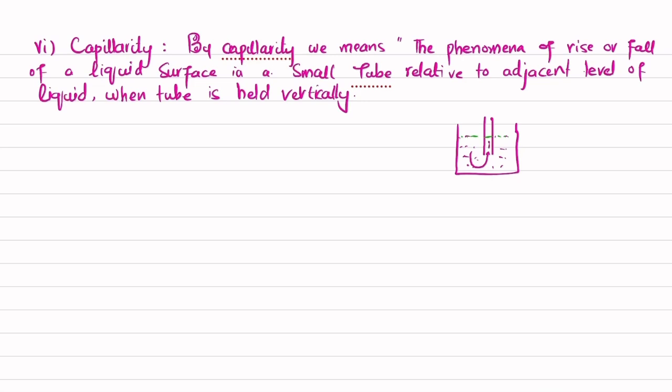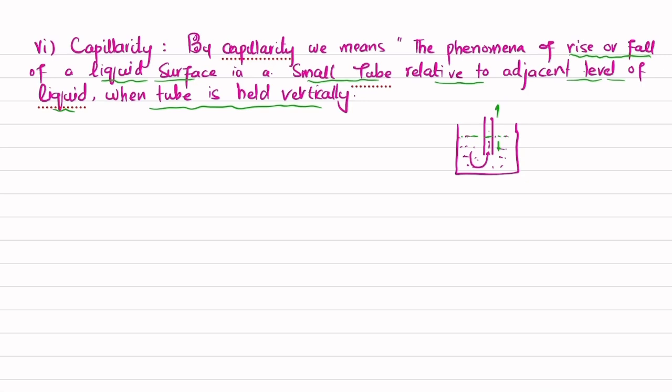Either the level of fluid in this tube will rise or it will go down. This is known as capillarity, the phenomenon of rise or fall of a liquid surface in a small tube relative to the adjacent level of liquid when the tube is held vertically. The liquid starts moving into the tube and we think it will reach the existing level as in the container, but this does not happen. Thus the liquid will go either upward or downward.